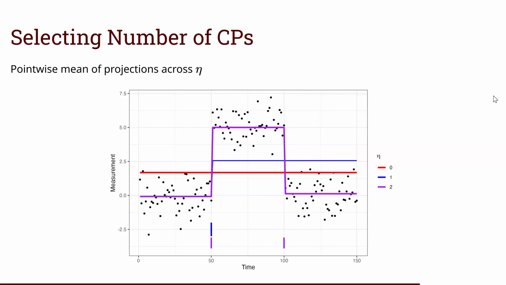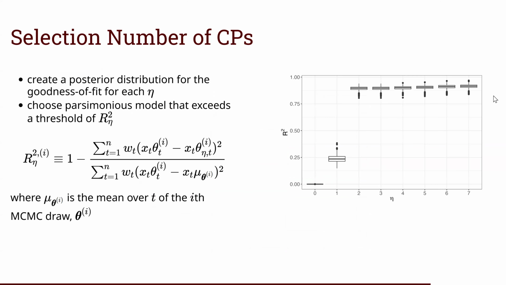Same thing. How do you choose lambda? Just cross validation? Yeah, so that's here.